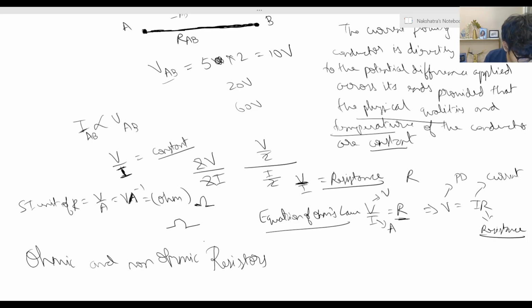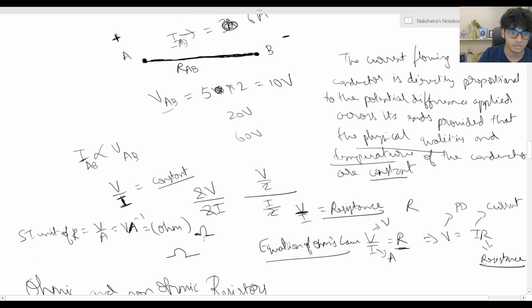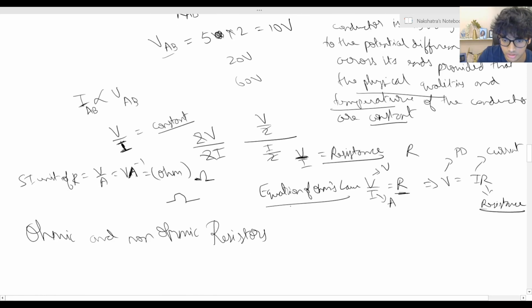Okay, now we have another small concept which is conductance. Conductance simply means the ability of the current to flow. Resistance was the obstruction, so how much of the current is not able to flow or how much of the current is being stopped, and conductance will be the opposite.